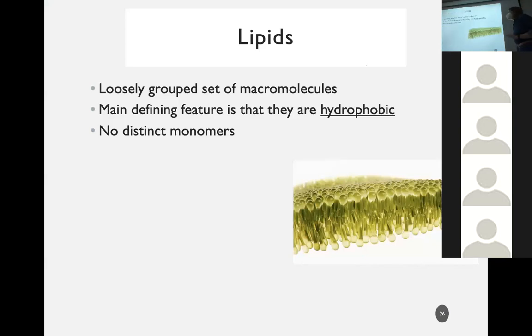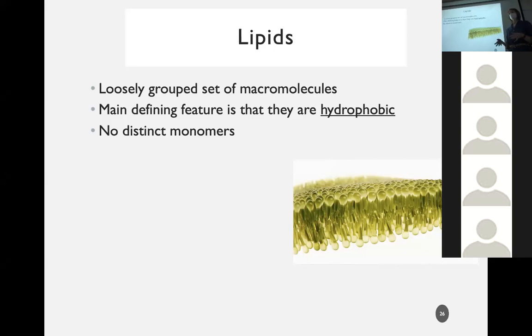Lipids are not as nicely organized as carbohydrates, where you have monosaccharides and disaccharides and it's all clear cut. Lipids are loosely grouped based on the fact that they don't mix with water. I'll talk about 4 different categories of lipids. They are all significantly different from each other, but none of them mix with water. When you think of a lipid, think of olive oil. They're hydrophobic, which means water fearing.